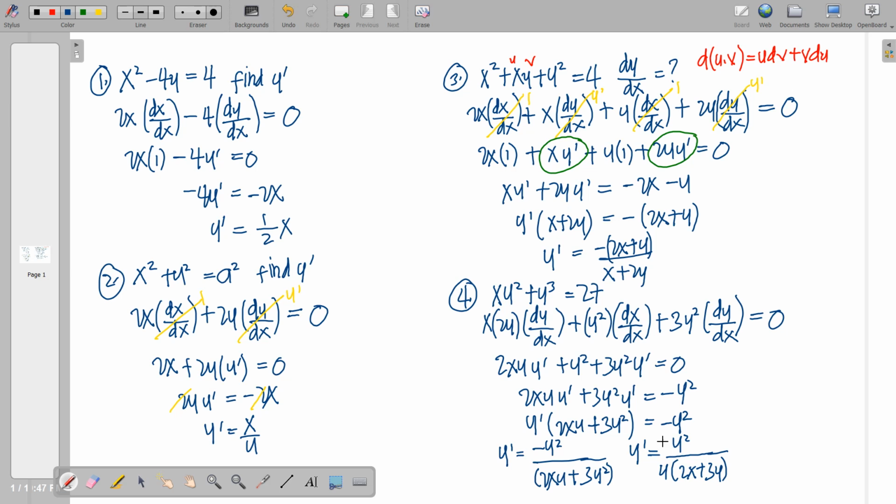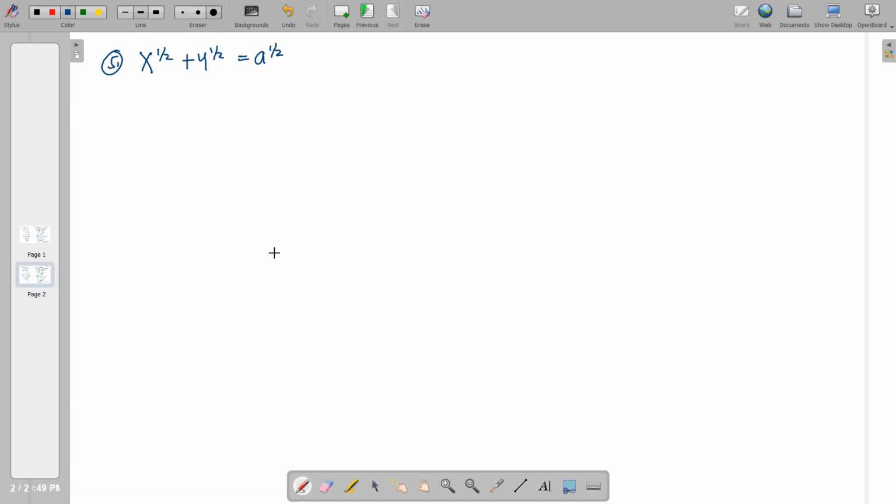So in here, obviously, we can cancel one of the y and finally come up with the simplified answer of negative, by the way, this is negative y all over 2x plus 3y. So moving on to the fifth problem.